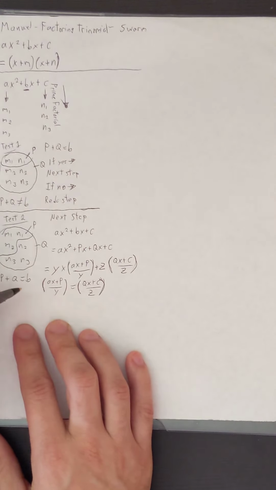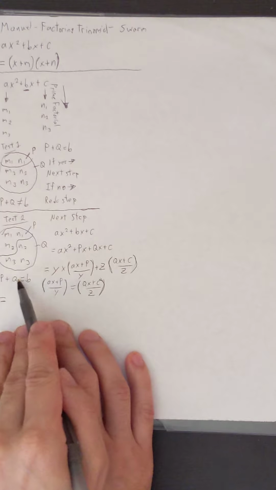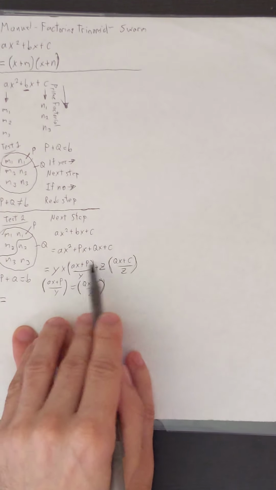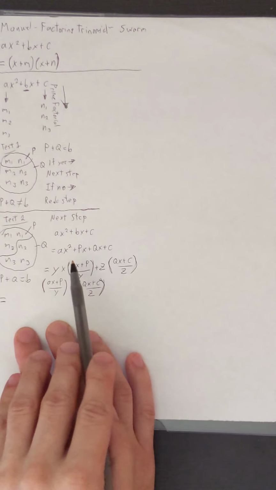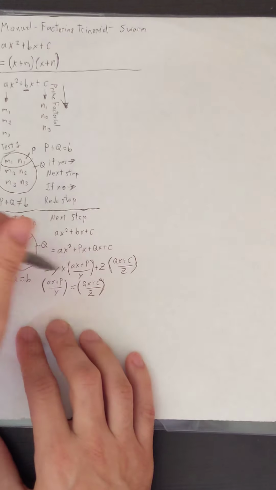This has to be true before we can go on, and there will be a way. As long as p plus q equals b, you're going to find a way in which both of these terms, ax plus p over y and qx plus c over z, are equal to each other.